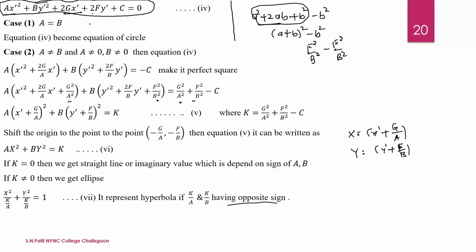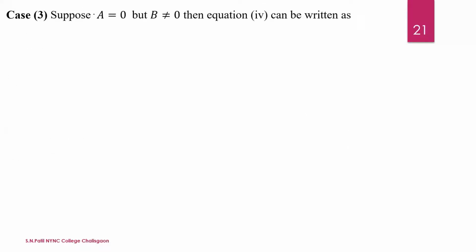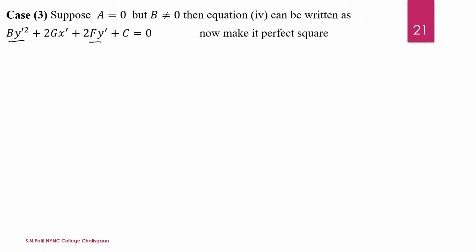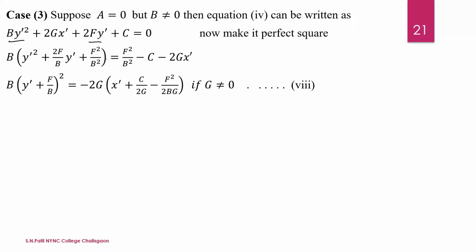Let's see how. A is 0, b is not equal to 0, then the equation is quadratic in y dash. Now we again apply the same process. We make it a perfect square. We adjust the terms. Okay, b is common. Accordingly, we adjust the terms. Now this is the perfect square. Okay, now it is shifted at the origin.